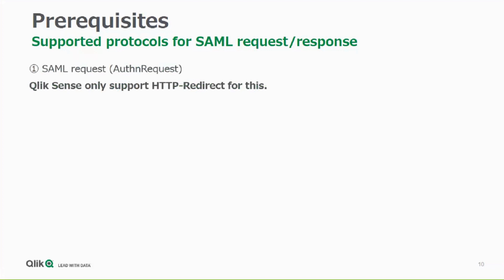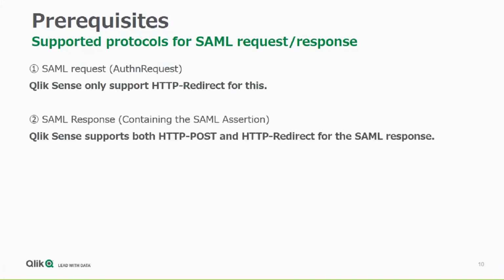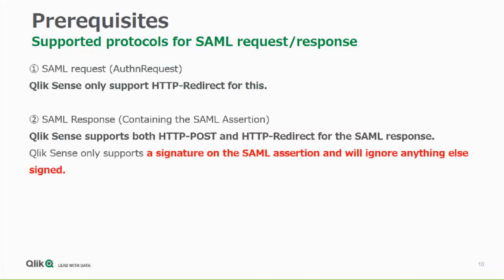In Qlik Sense, we only support HTTP redirect for the SAML request. The SAML response is the response that the identity provider will send to the service provider. In Qlik Sense, we support both HTTP POST and HTTP redirect for the SAML response. However, we only support the signature on the SAML assertion, and we will ignore anything else that is signed.